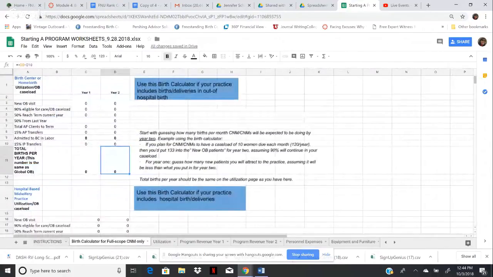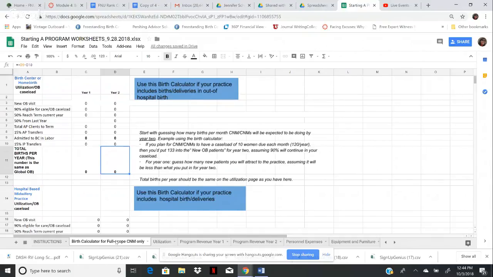So the birth calculator, again, is just for those full scope midwives. And you can be in a home birth practice or a hospital-based midwifery practice. If you're starting a program in a birth center and you're needing to use the birth calculator, go ahead and use this one as well.